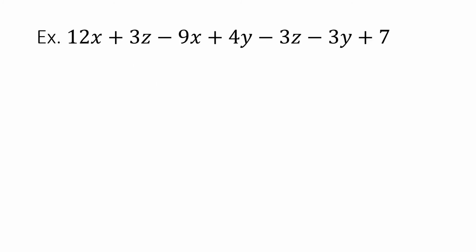So let's try this: 12x plus 3z minus 9x plus 4y minus 3z minus 3y plus 7. I want you guys to try this on your own. Pause the video and see if you're able to do this.